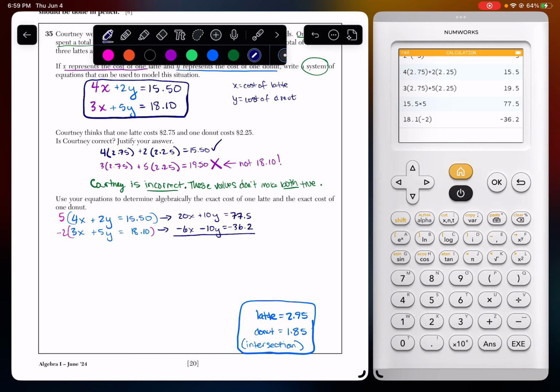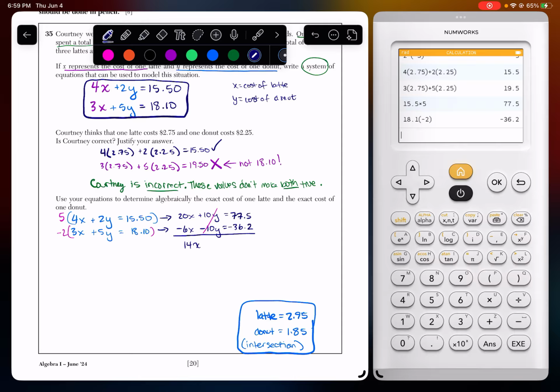So if I choose values such that I end up with opposite coefficients for one variable, I have 10y and -10y, now I can add my two equations together and that variable is going to cancel out. It's going to subtract to 0. So that will give me an equation that only has x's.